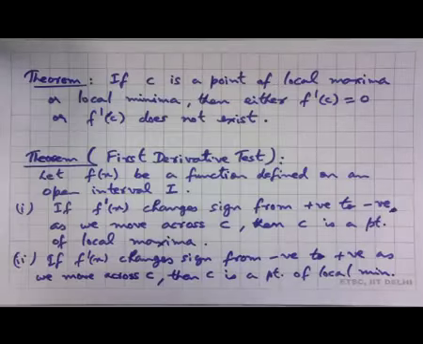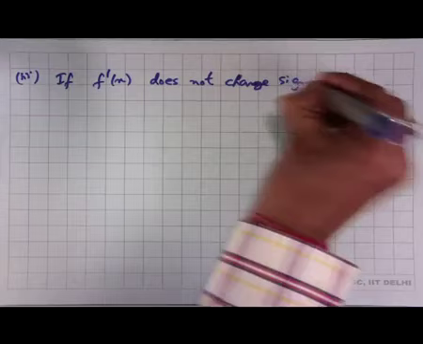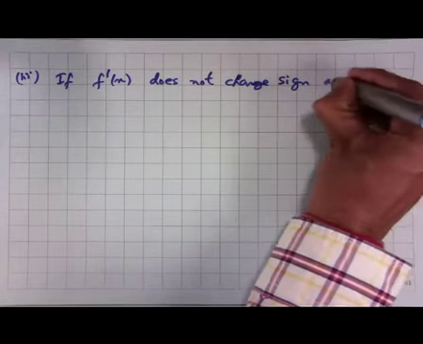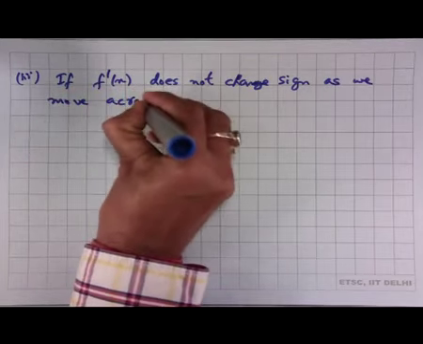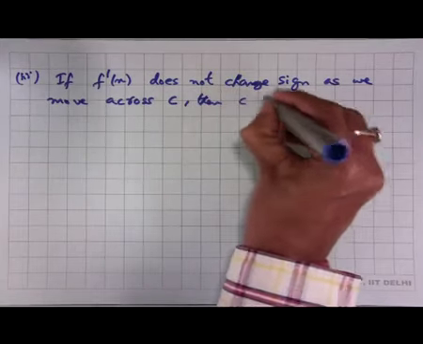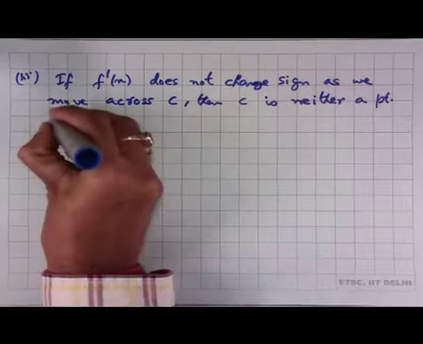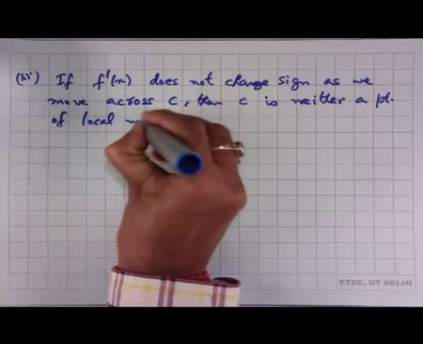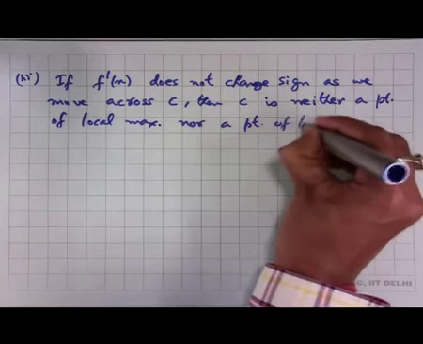So, this is a point of local minima, and if f prime x does not change sign as we move across c, then c is neither a point of local maxima nor a point of local minima.